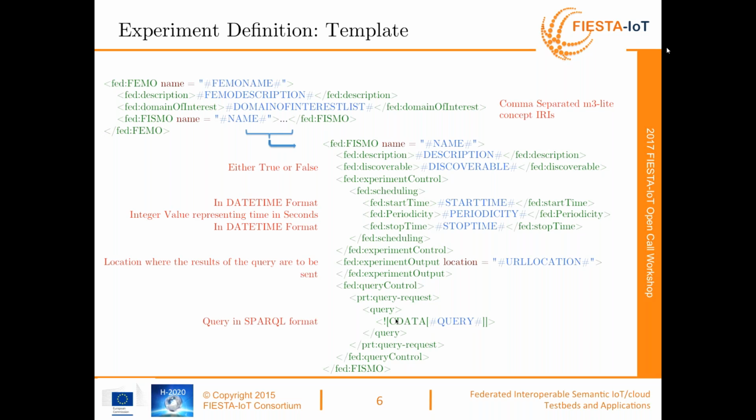The location is basically where you want the data, received after the execution of the query, to be sent by the execution engine. This is where the receiver that I was talking about before comes into the picture. So the location of that receiver has to be specified here.